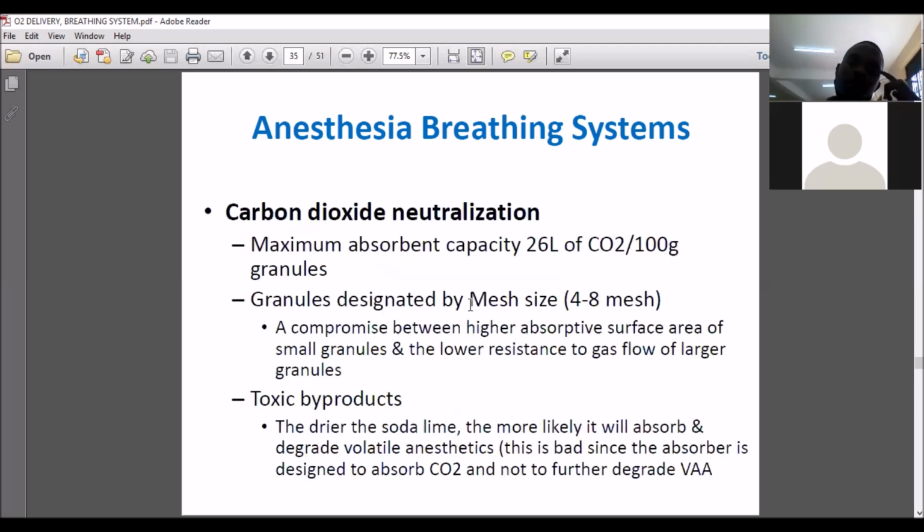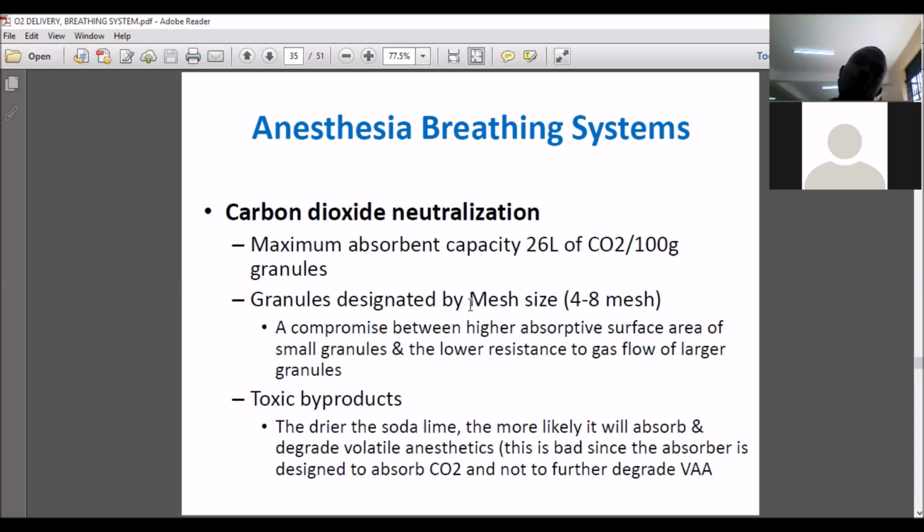Then carbon dioxide neutralization. The maximum absorptive capacity is 26 liters of carbon dioxide per 100 grams of the granules. The granules are designated by the mesh size, that is 4 to 8 mesh. There is a comparison between the higher absorptive surface area of small granules and the low resistance to flow of larger granules. It shows you the advantage of one over the other. The larger granules have less resistance, but they absorb less carbon dioxide.